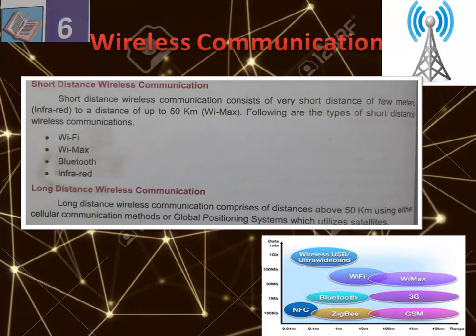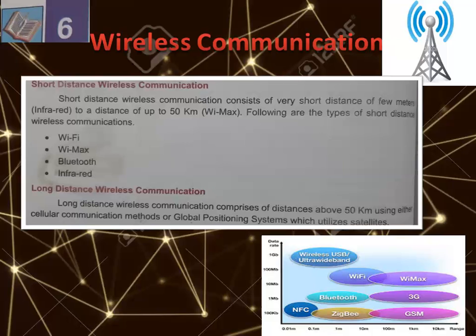Wireless communication may be differentiated based on the region it covers into short distance and long distance wireless communication. Short distance means a very limited area, up to 50 kilometers, and direct line of sight in some cases, like infrared and Bluetooth. So here we have some short distance wireless communication media: Wi-Fi, WiMAX, Bluetooth, infrared.